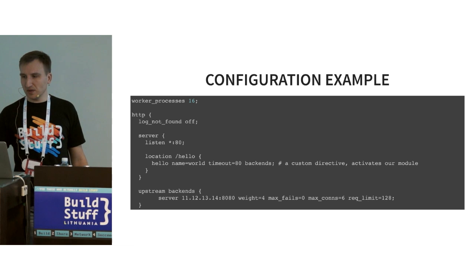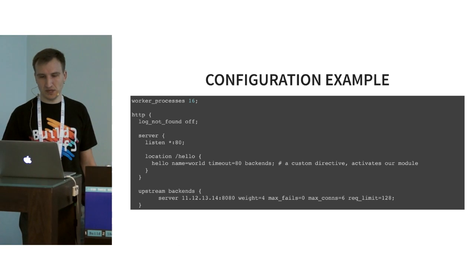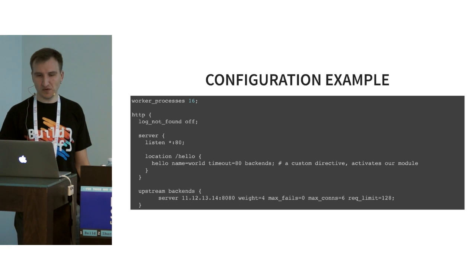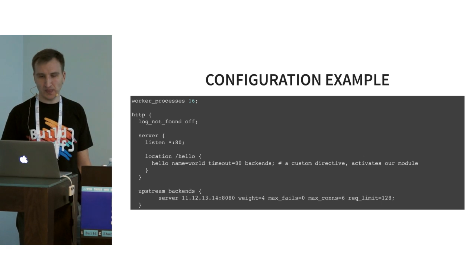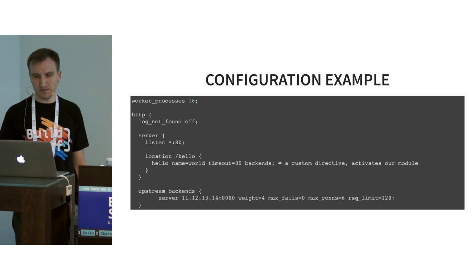So, for example, here you see a config example, which for the main module says that I want to have like 16 worker processes. For HTTP, that I don't want to log not found errors.